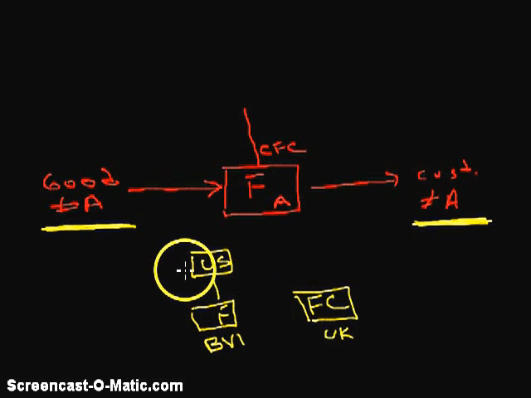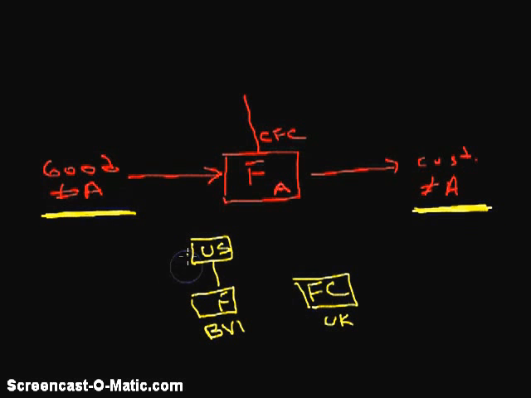So what happens is if the foreign subsidiary buys from outside of its country of incorporation, outside the BVI, and sells outside of its country of incorporation, and either the customer or the supplier is a related party, then I have the makings of foreign-based company sales income.